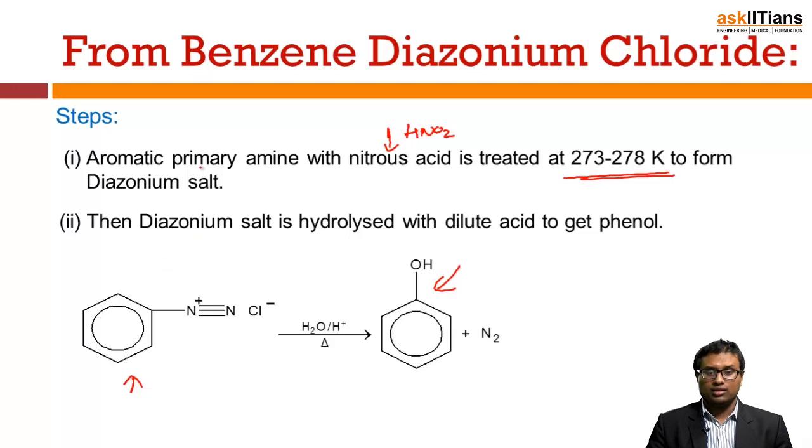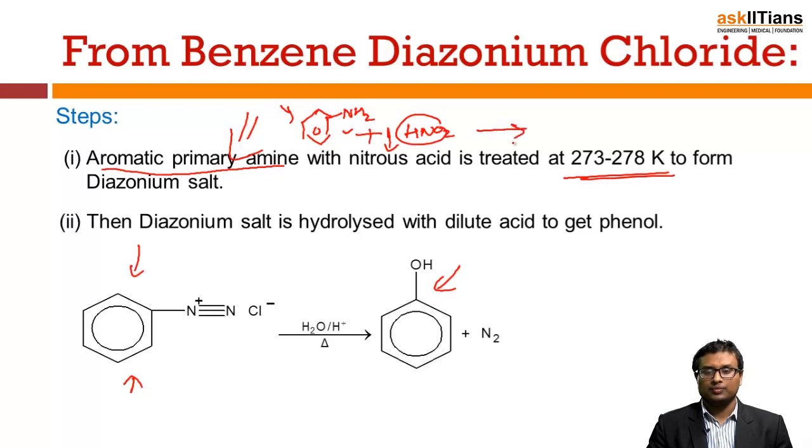So the importance is where you are getting this diazonium salt from. I am getting my diazonium salt from my aromatic primary amine. And what is aromatic primary amine? It is this, with an NH2. Just react this with HNO2.